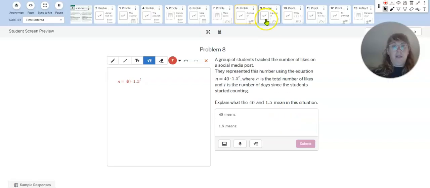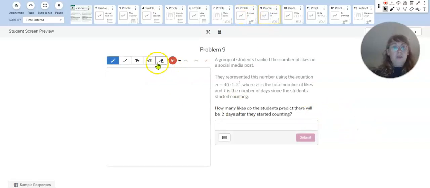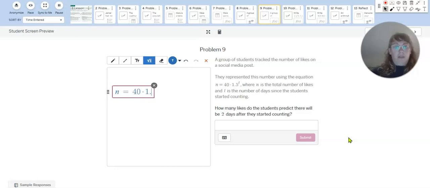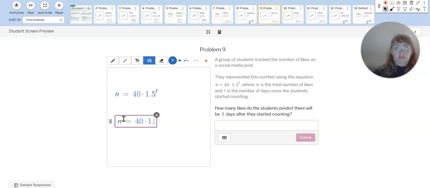When you're all set with that, push to slide 9, which is continuing this similar problem, but it says how many likes do the students predict there will be 2 days after starting the account. So we have n equals 40 times 1.5 to the t. To figure out after 2 days, we're just plugging in 2 for t.